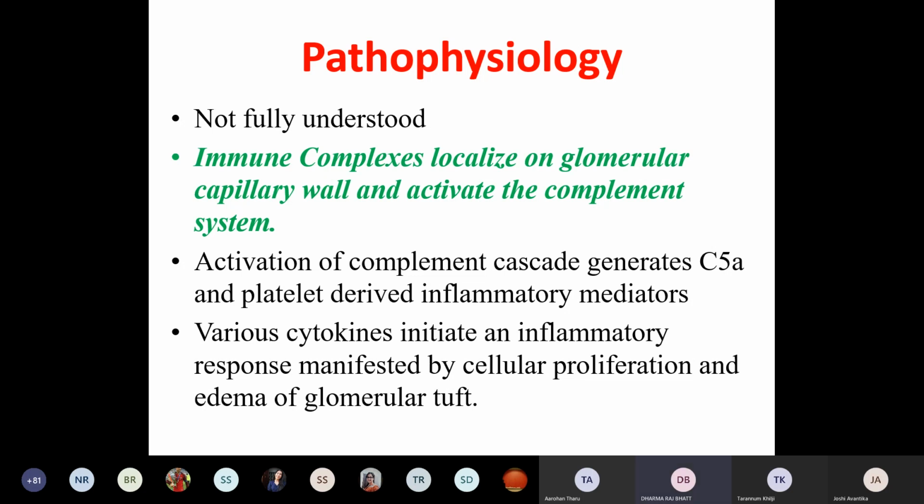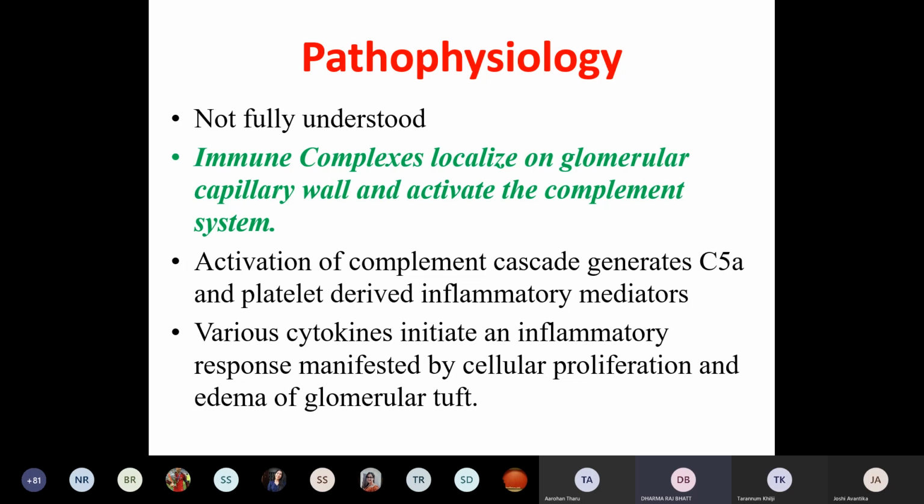As we said, we have a number of nephritogenic strains of group A streptococci. They have antigenic similarity with the glomerular membrane. During primary infection with streptococci in the form of sore throat, laryngitis, or skin infection, the antigenic components of group A streptococci get exposed to the immune system and corresponding antibodies are produced.